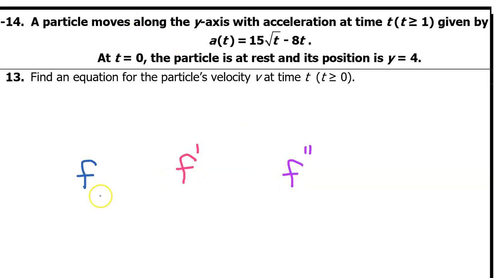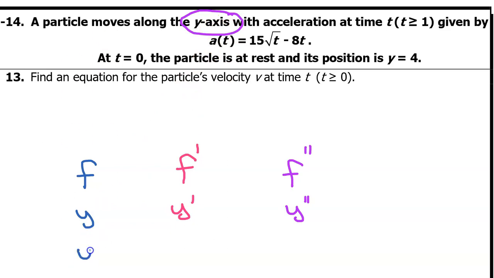Well, now we will talk about the relationship between y, y prime, and y double prime. I'm using y because the particle is moving along the y-axis. So y will represent the position of the particle on the y-axis.